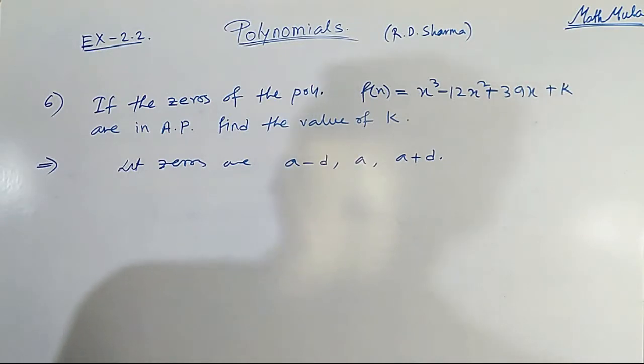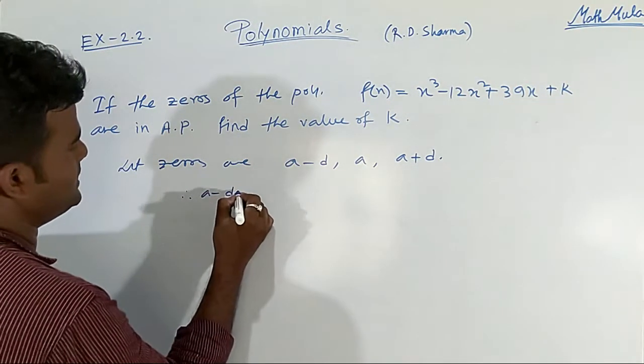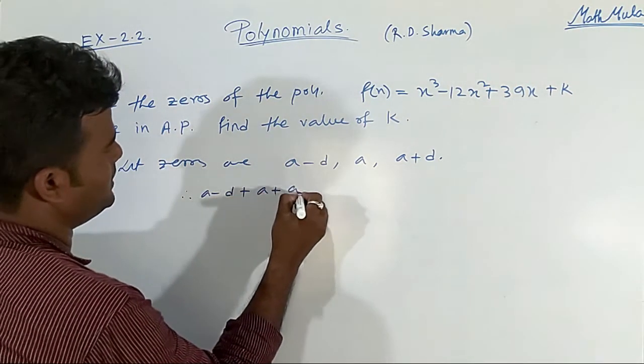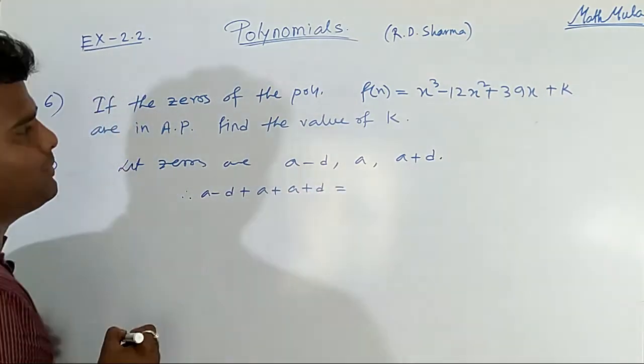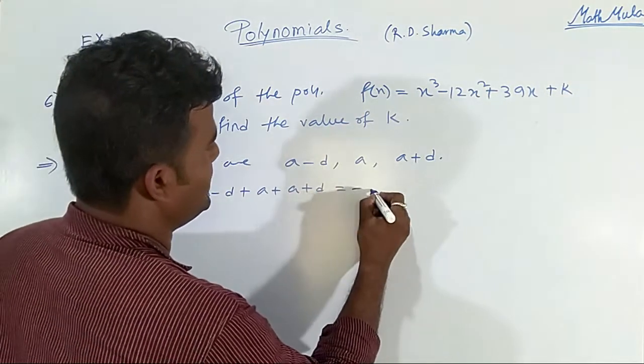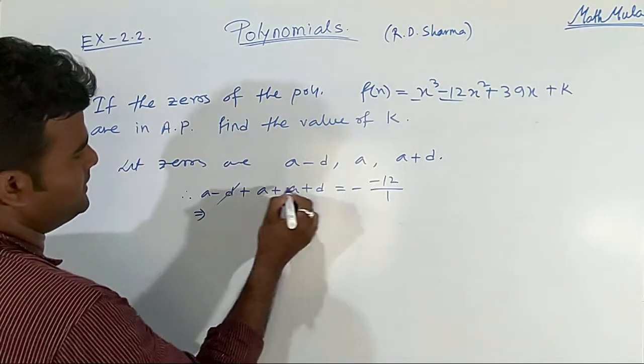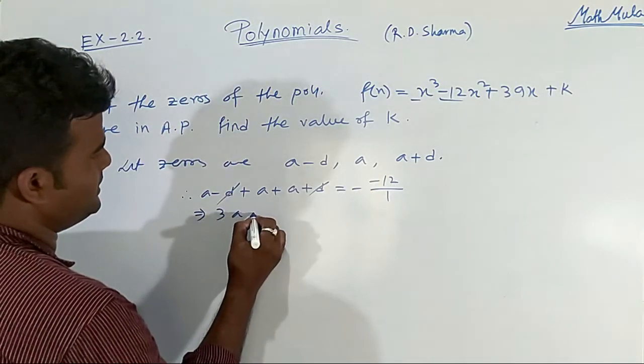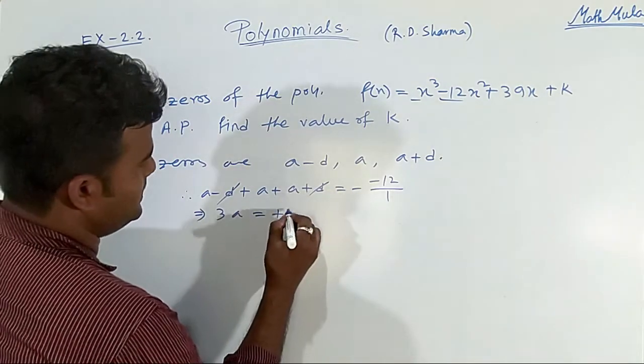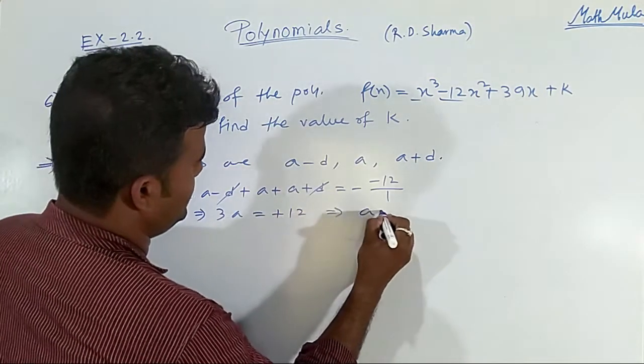Now from the first relation, we can write a minus d plus a plus d is equals to minus b by a, that is minus of minus 12 by 1. Now d will be cancelled and this is equals to 3a equals to plus 12. Now a equals to 4.